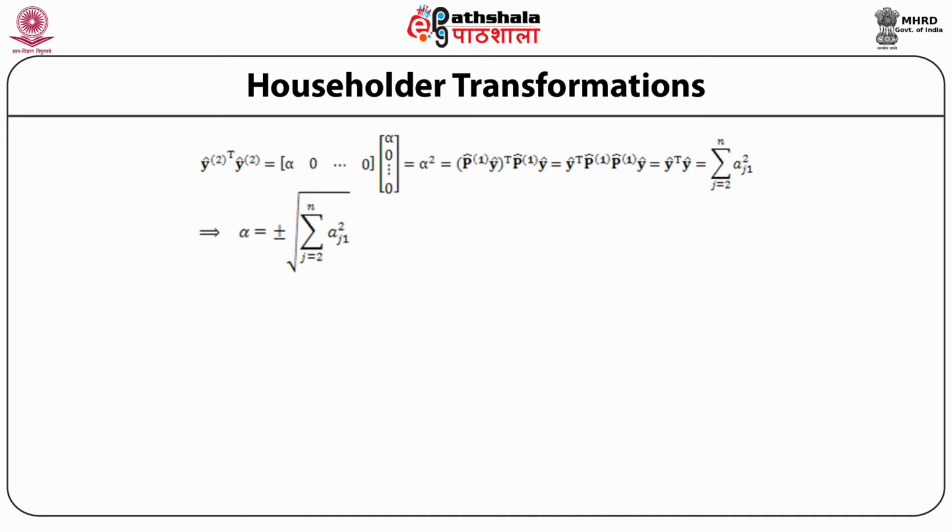This implies that alpha equals plus or minus the square root of the summation j equals 2 to n of aj1 square.